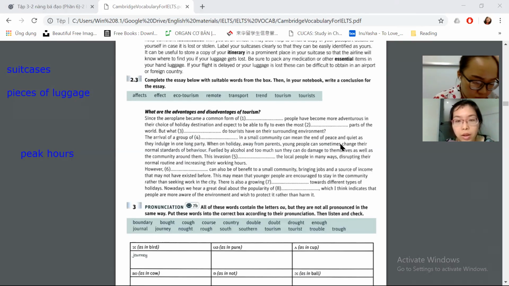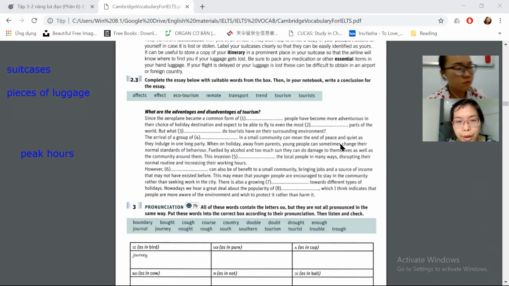When on holiday, away from parents, young people can sometimes change their normal standards of behavior, fueled by alcohol and too much sun. They can do damage to themselves as well as the community around them.